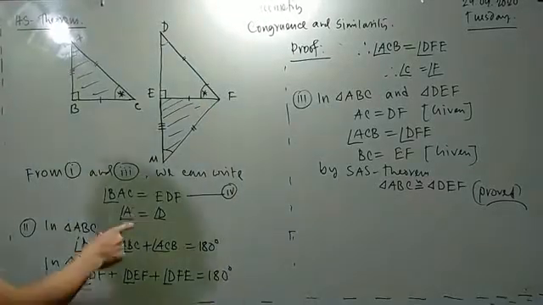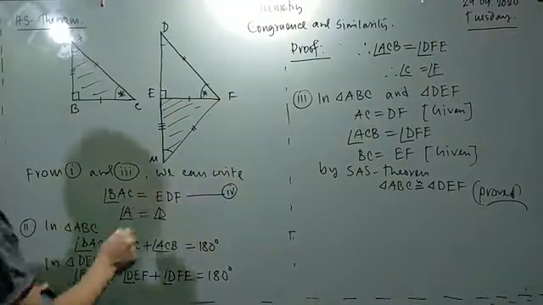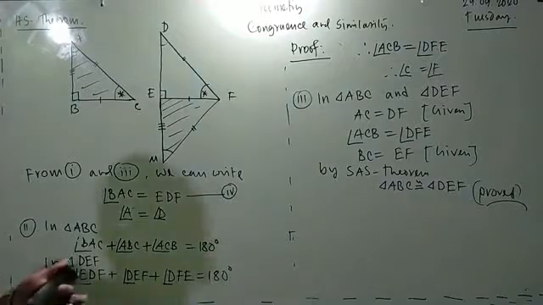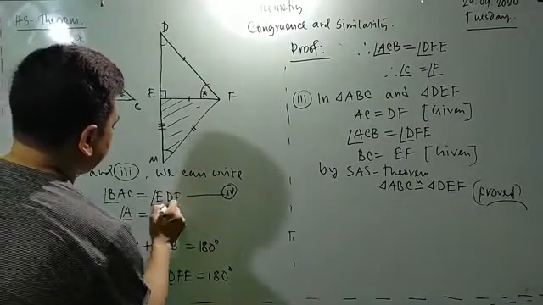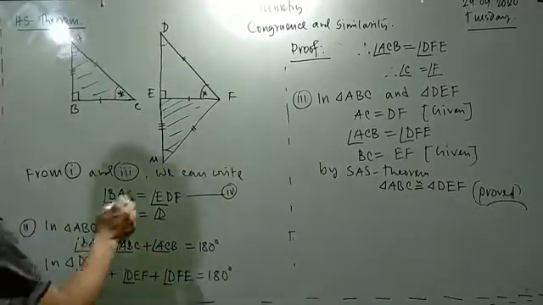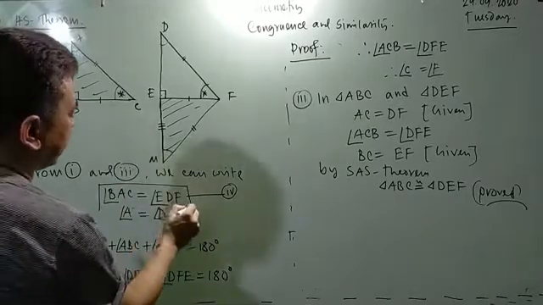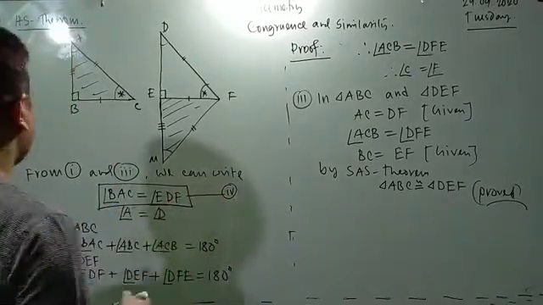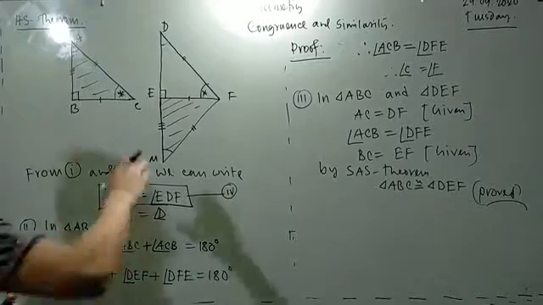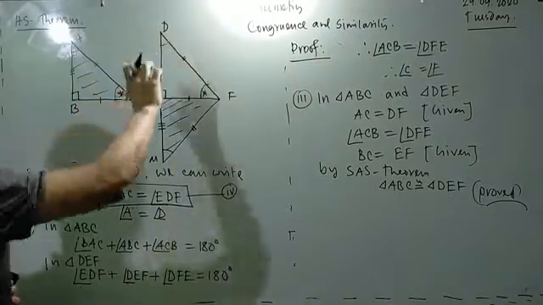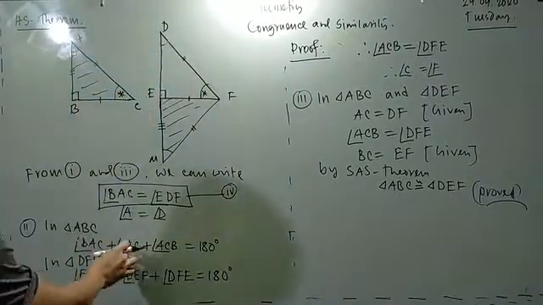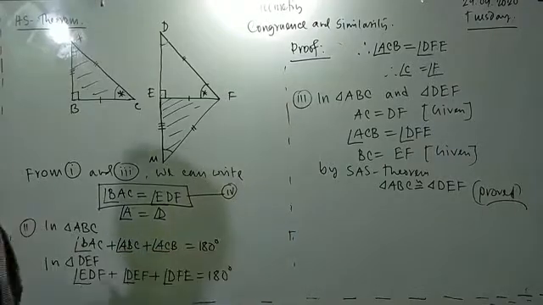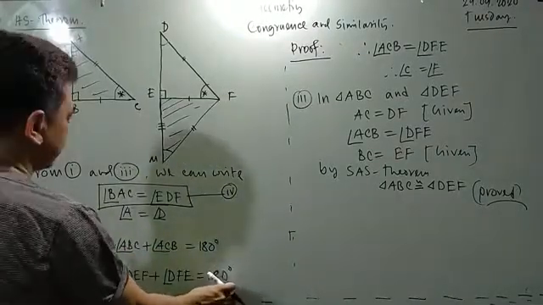We have shown this in equation 4, and after that, look at that here. If we take this triangle and this triangle, the sum of three angles equals 180 degrees. Here also the sum of 3 angles equals 180 degrees.